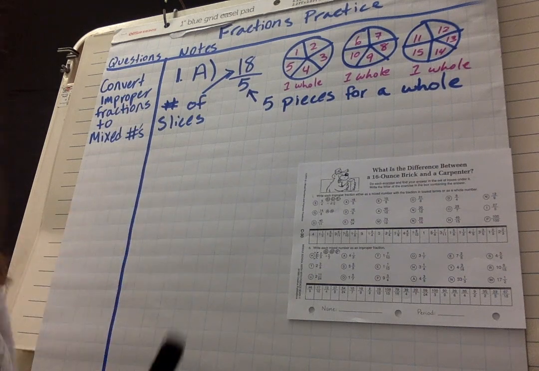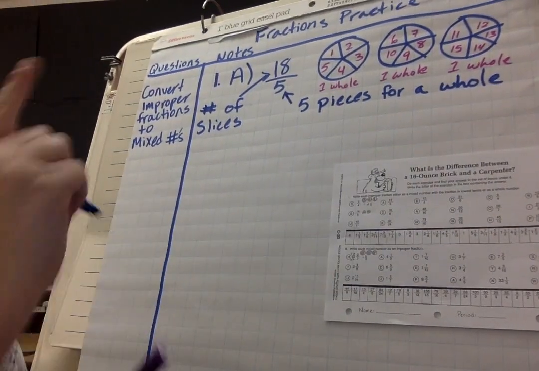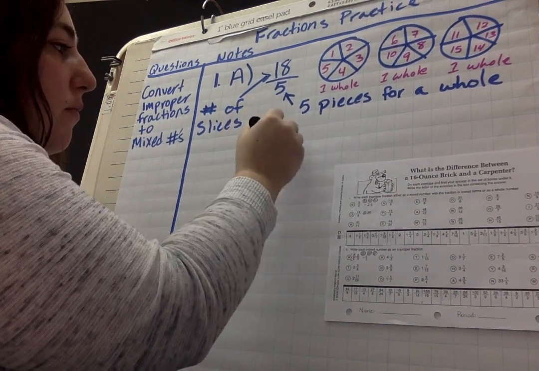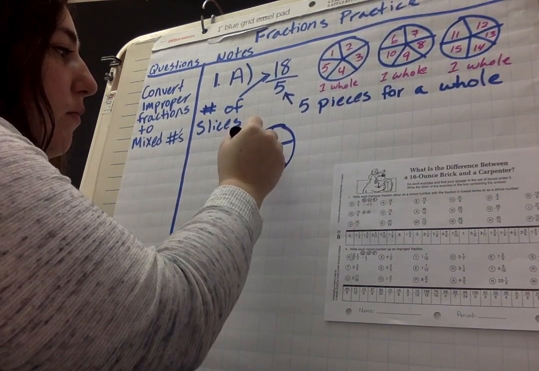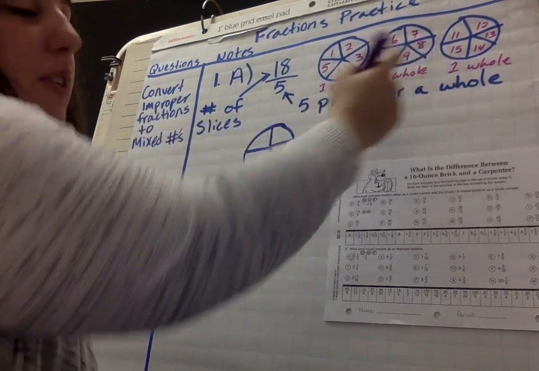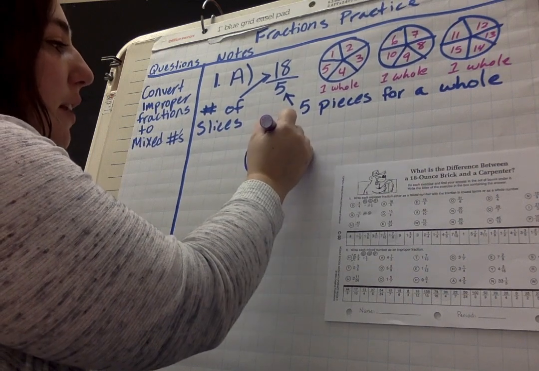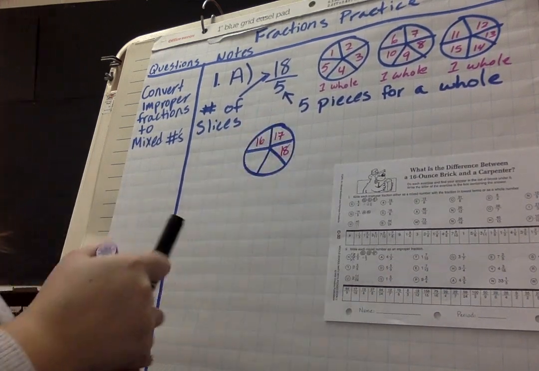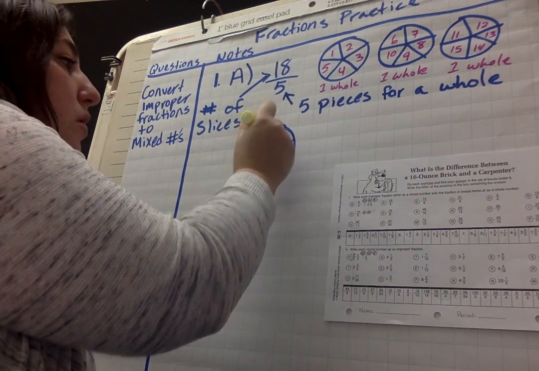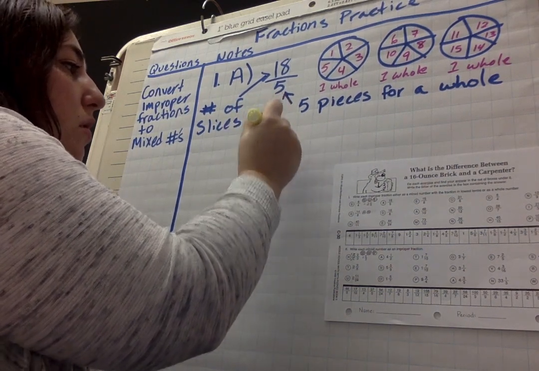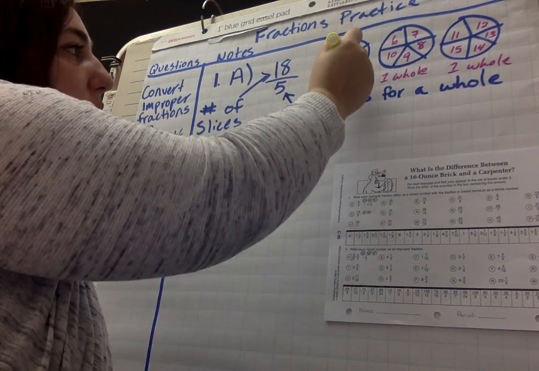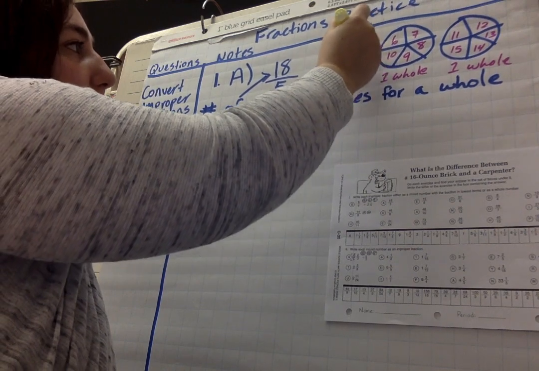No. So we're going to have to draw one more circle, and I'm going to draw it over here. So we ended on 15, so 16, 17, 18. Okay, and I might shade those in too. So we got to 18 slices, so we can stop.